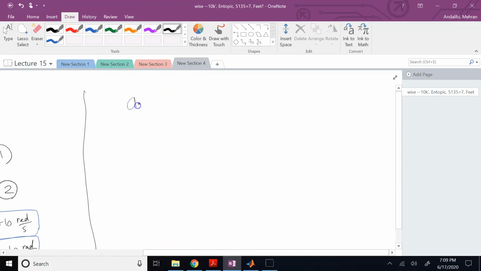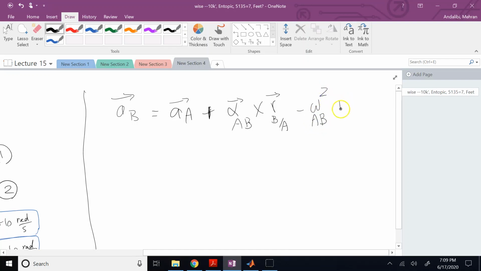So acceleration B is equal to acceleration A plus alpha AB cross R of B with respect to A. And again, since this is a 2D problem, I say minus magnitude omega AB squared R of B with respect to A. The reason that I'm not doing the double cross product, again, remember, is because this is a 2D problem.